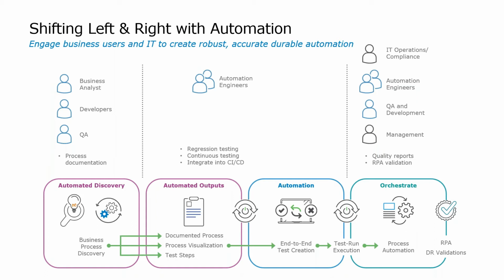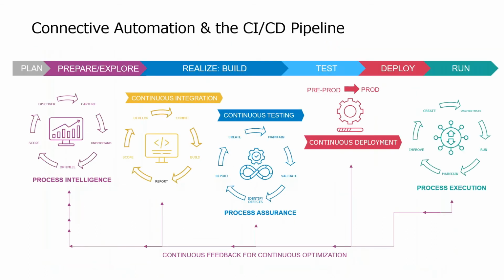We can take those test automation artifacts, and if we look at your traditional CI/CD pipeline, throughout my career I've looked at different versions of it, but we've all seen a form of this slide. What you probably haven't seen before is what's over here on the far right-hand side. Normally we just talk about plan, prepare, build, test, deploy, and we cycle back with this random little blurb: go, we get feedback.